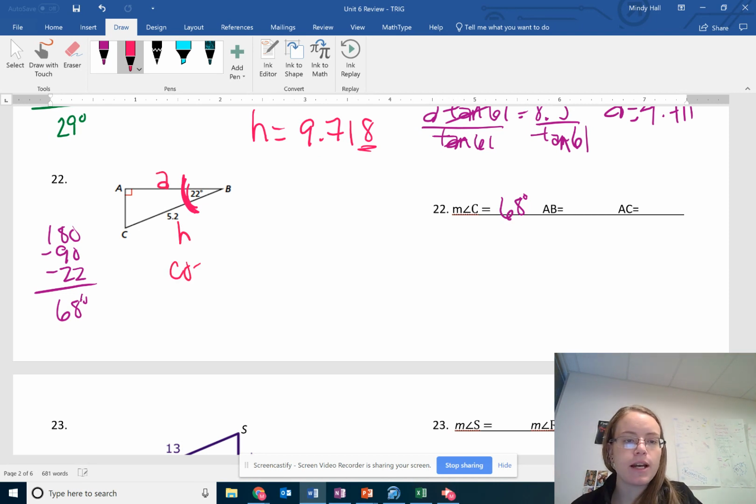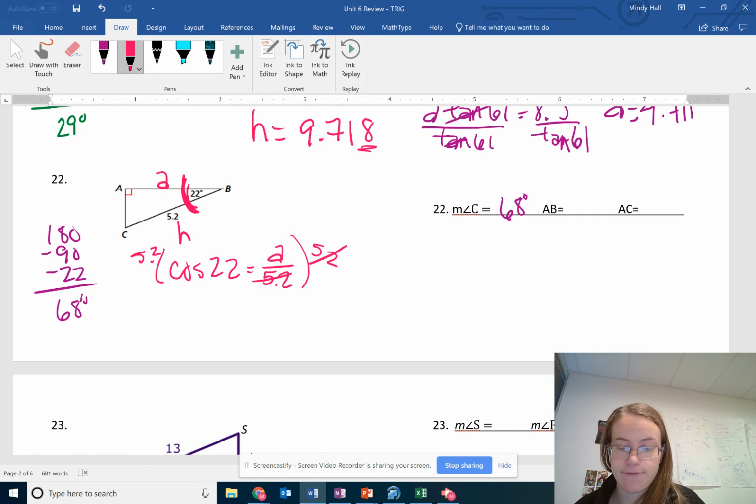So that would be cosine of 22 equals our unknown adjacent over our hypotenuse 5.2. So then we multiply both sides by 5.2 so that they cancel out on the right. And then 5.2 times cosine of 22 gives us 4.821. So then that 1 tells us to just keep the 2. So AB is 4.82.